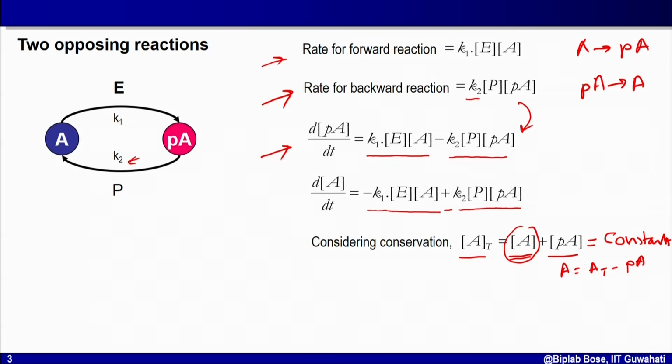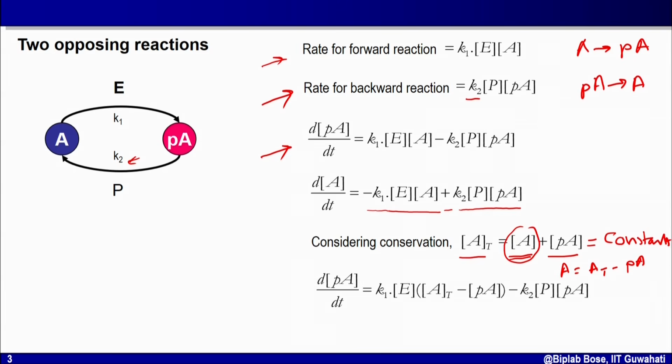So if I do that, what do I get? So in this initial equation that we have written, let me make it a bit clear. So if I take this ODE dPA/dt, I have A term here.